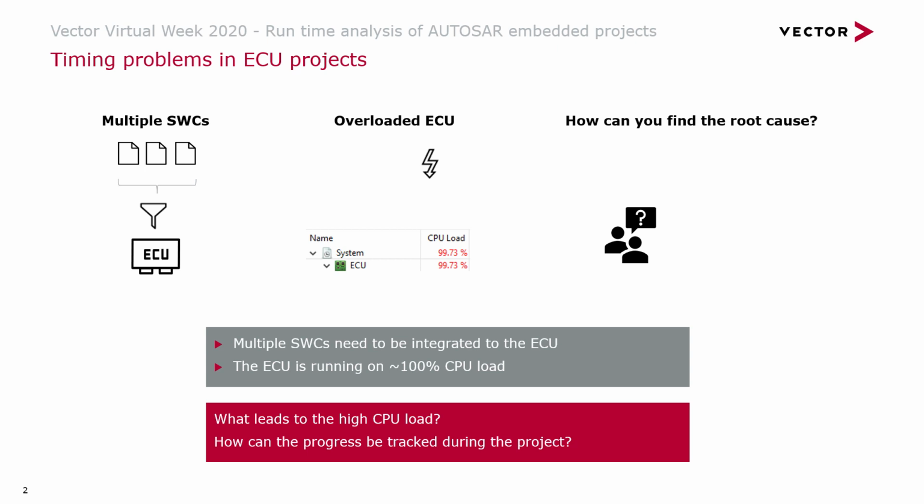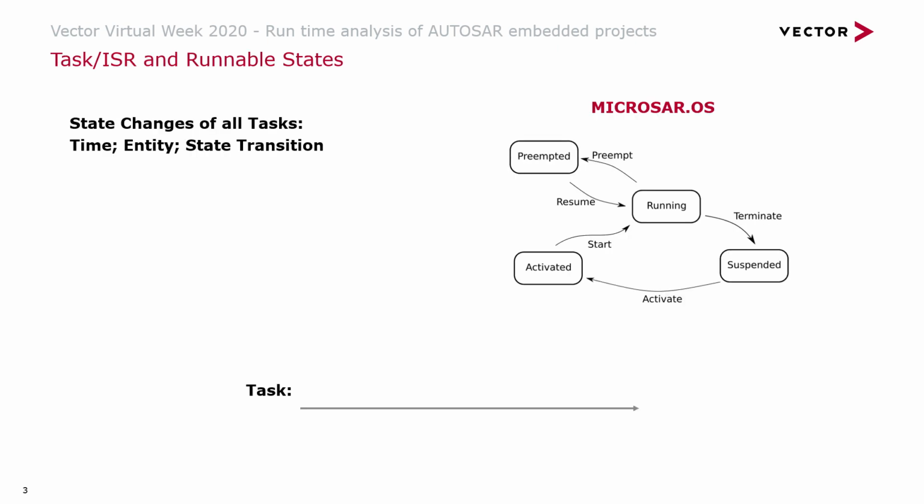And to explain all this, I will show you an introduction where we show 3 different classes of timing analysis. But before I do this, I would like to have a look at MicroSAR OS first. Here you can see the different tasks and the different states in which they can be. On the right-hand side, you can see the individual states: preempted, running, suspended, and activated.